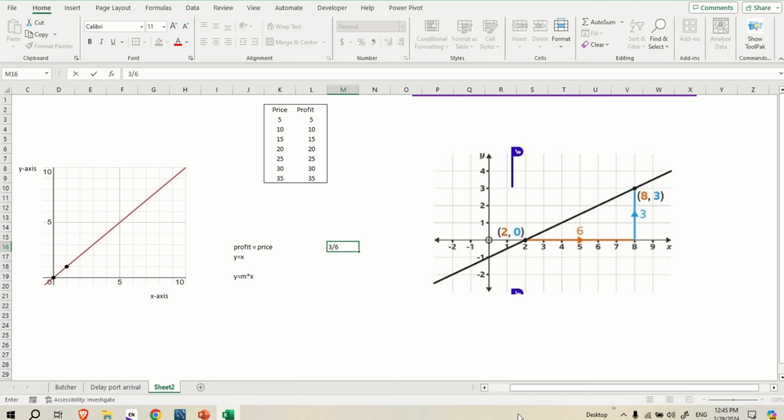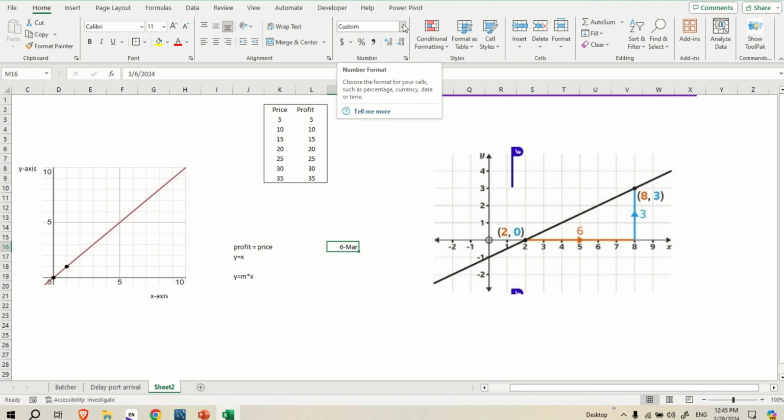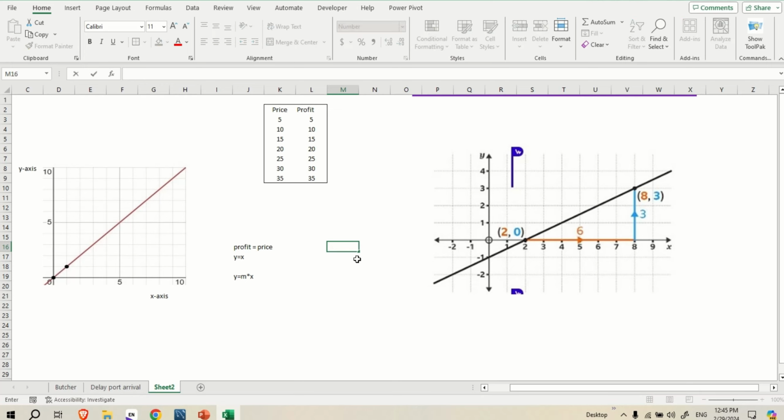So this should give us 0.5. Our gradient, our slope is 0.5, right? 3 over 6 is 0.5.